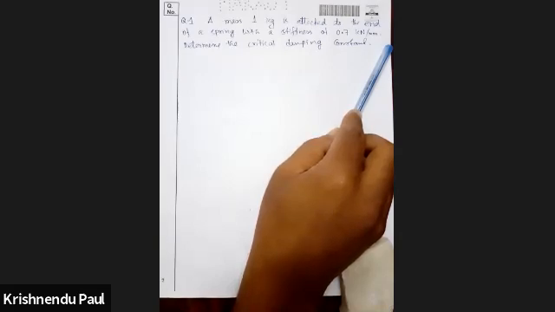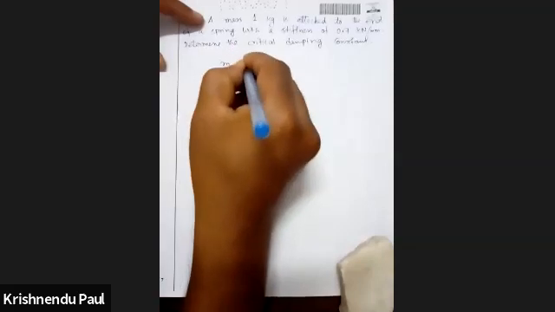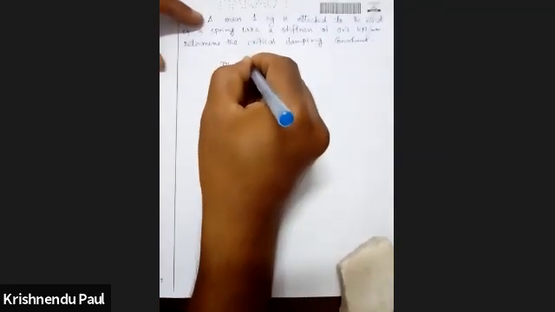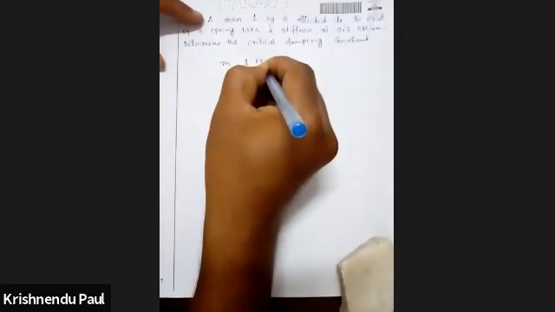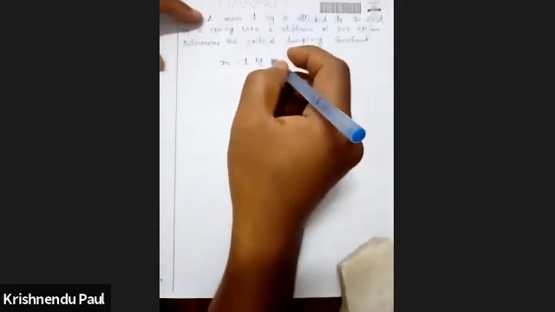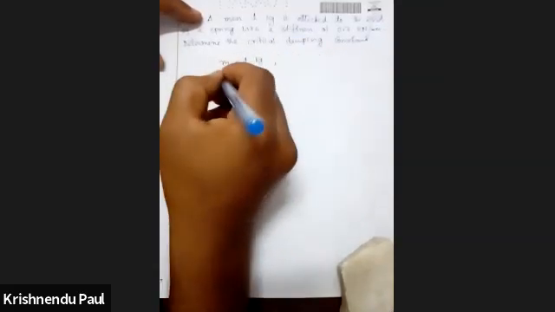So before starting the numerical, you should write the data which is available. Let us write the data. Mass is given, that is equal to 1 kg. Then what is given? Stiffness.